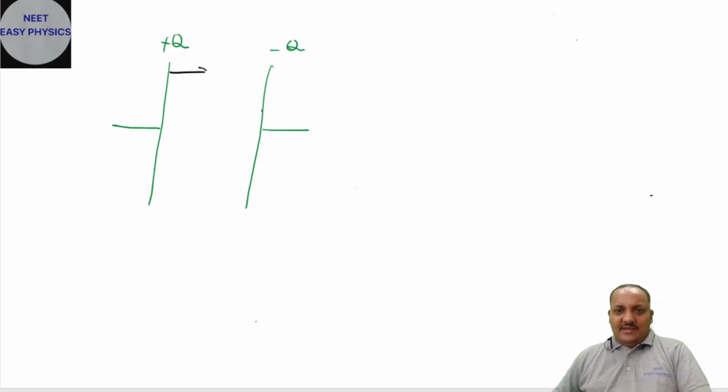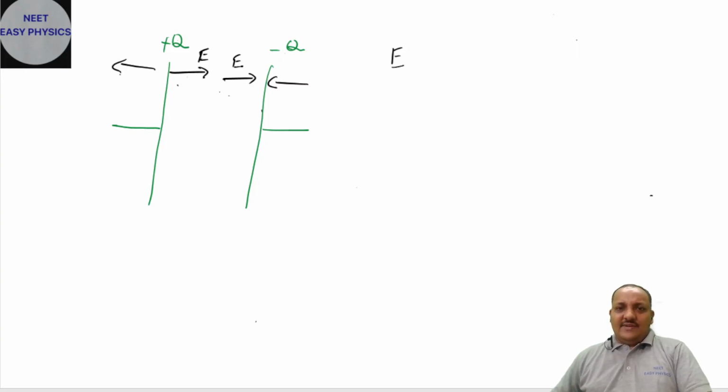The electric field will be away. For the negative charge, the electric field will be towards. Now see here, in between the two plates, both fields have the same direction. Therefore, this is E, this is E.